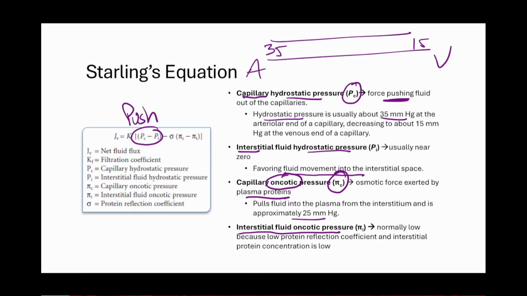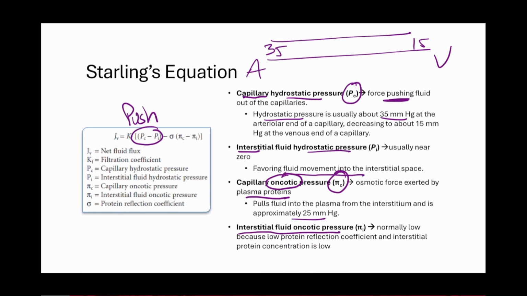Let's talk about fluid overload. Either it's heart failure or kidney failure, but your blood volume is skyrocketing, very, very high. When blood volume goes up a lot, which pressure is going to be affected? Hydrostatic pressure. And in cases with people with heart failure or kidney failure, all this extra volume of blood skyrockets that hydrostatic pressure.